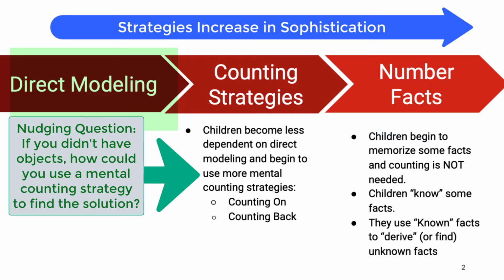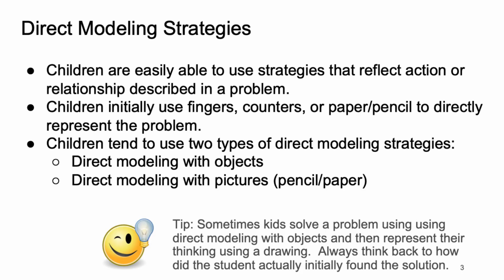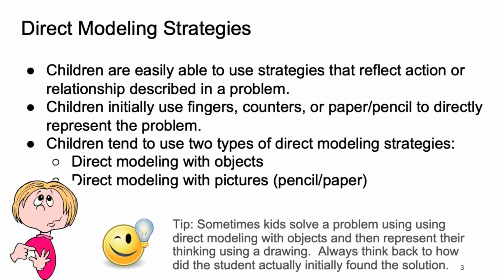All right, so let's talk about these one more time. So I just told you that there were direct modeling strategies. And I told you that kids tend to use direct modeling with objects and direct modeling with pictures, okay? By the way, kids also walk around with direct modelers on their body, their fingers, right?